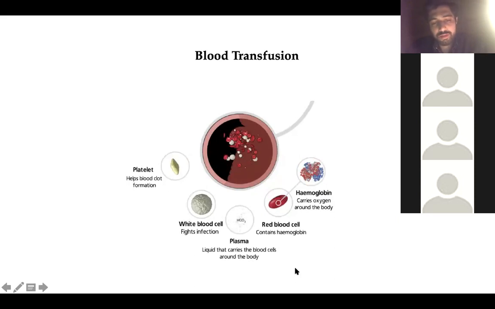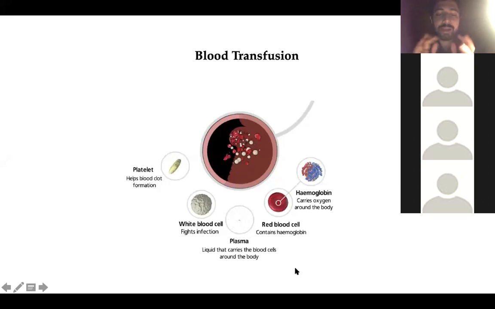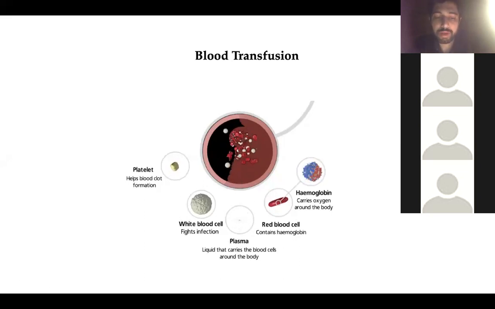Then we have the white blood cells, and we categorize them into phagocytes and lymphocytes. So there are two kinds of white blood cells that we usually talk about. The phagocytes engulf the material which is put together by lymphocytes. The lymphocytes tend to bind together any foreign particle, any foreign intruder in your body, and those clumps lumped together by the lymphocytes are engulfed, eaten up by the phagocytes.